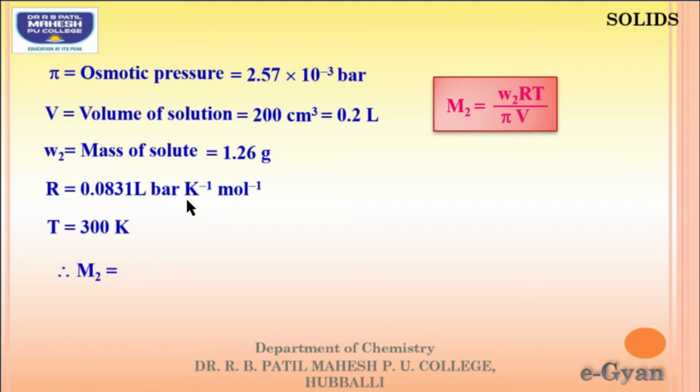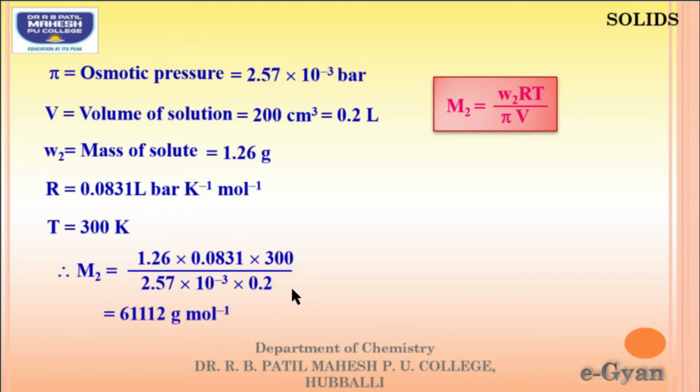M2 is equal to 1.26 into 0.0831 multiplied by 300 divided by 2.57 into 10 to the power of minus 3 into 0.2. On solving, the molecular mass of the protein will be found to be 61,112 grams per mole.